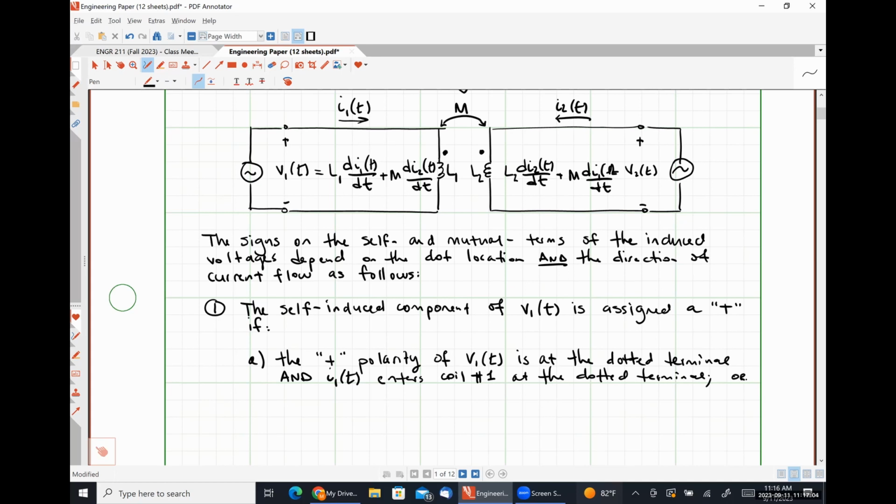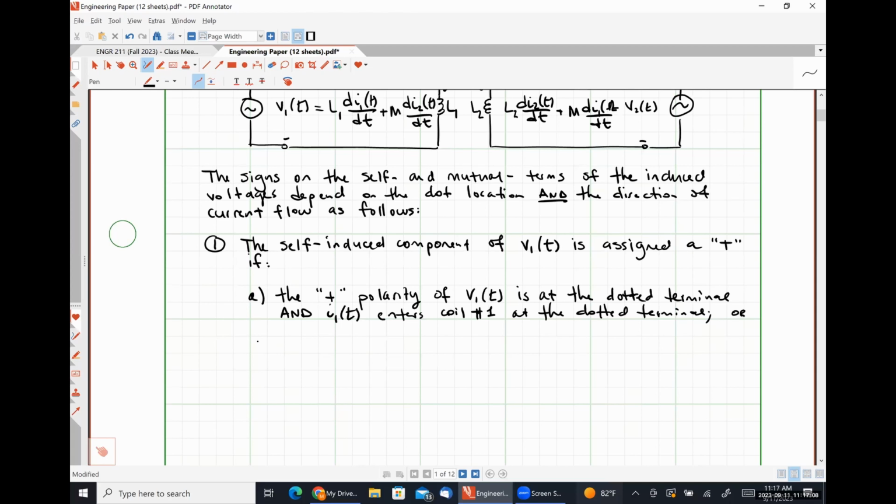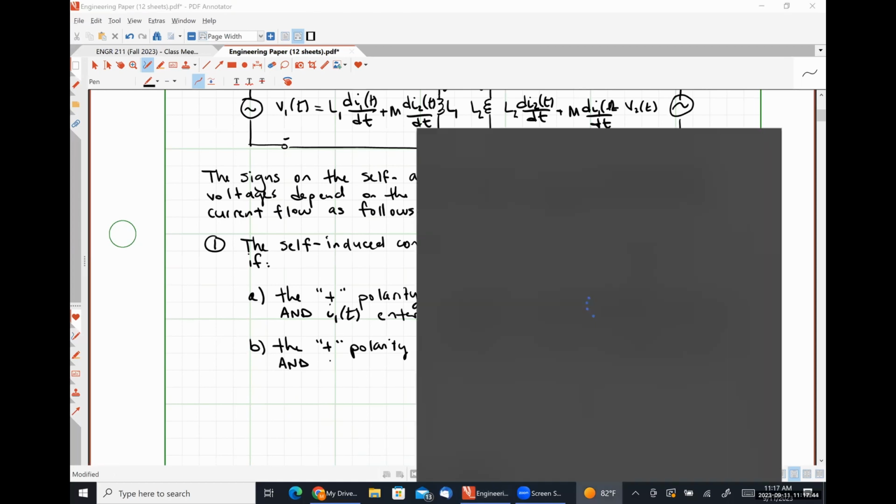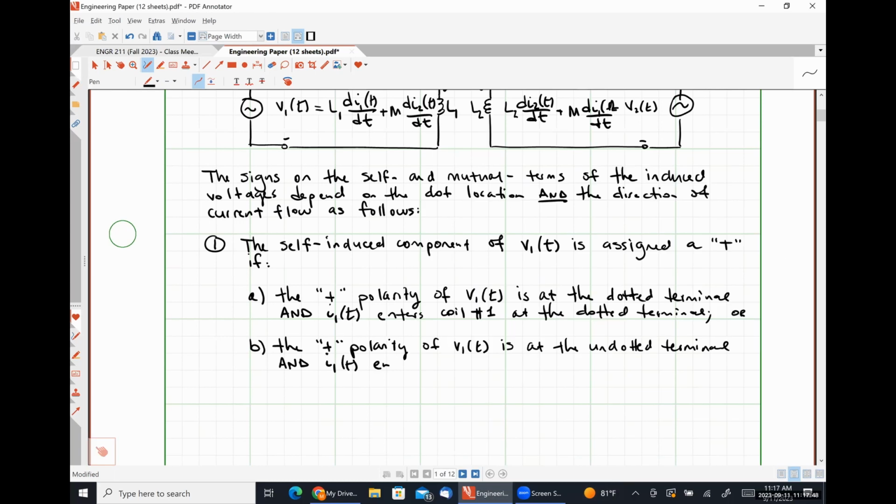The other condition that will give us a positive sign is if the positive polarity terminal of V1 is at the undotted terminal and I1 enters coil number 1 at the undotted terminal, which would be the exact opposite, right?